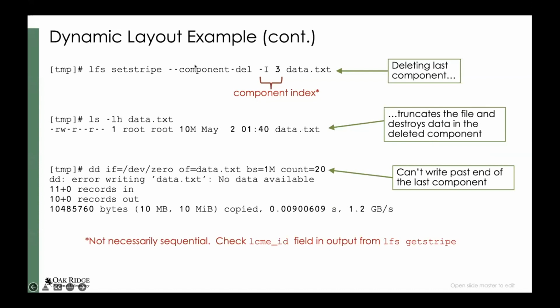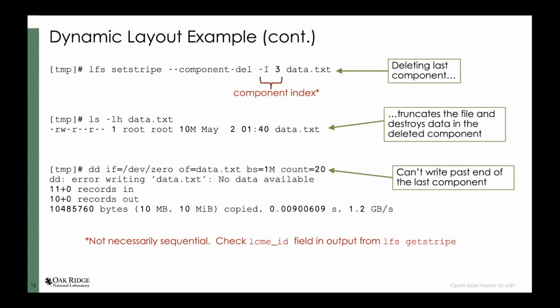If you want to delete a component, you would use lfs setstripe and then use the --component-del command and specify the component index, that field that I'd shown previously for each component that has its ID in it. That's the one you'll specify here so it knows which one to delete.